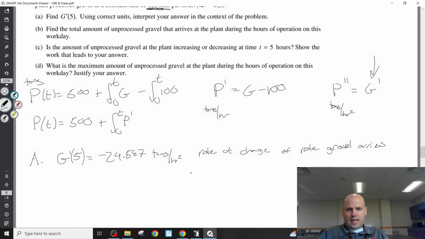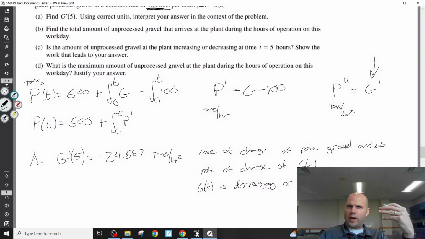You could say it is the rate of change of G. You could say G is decreasing at a rate of 24.587 tons per hour squared.